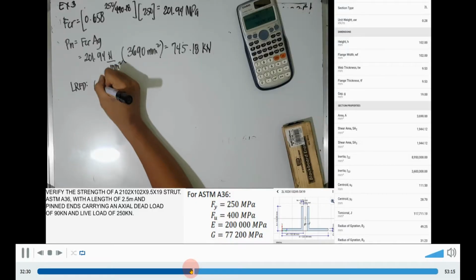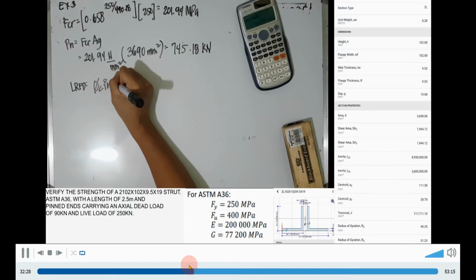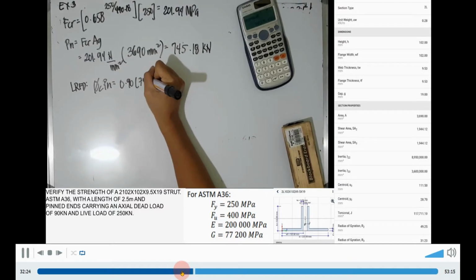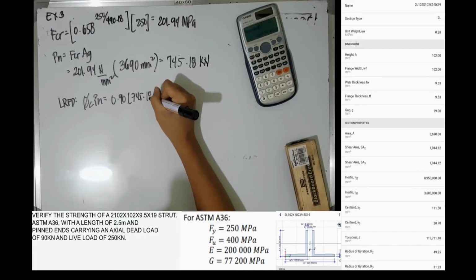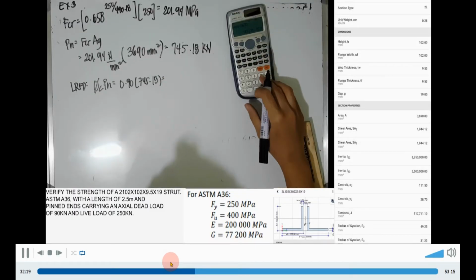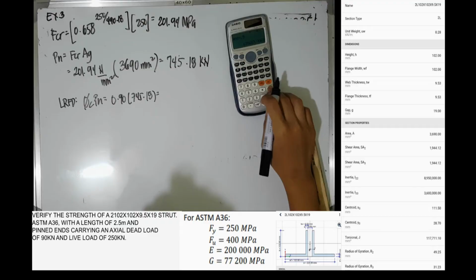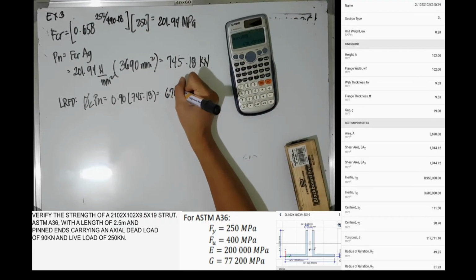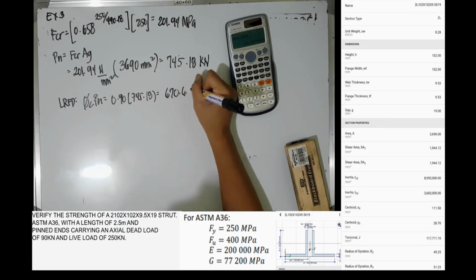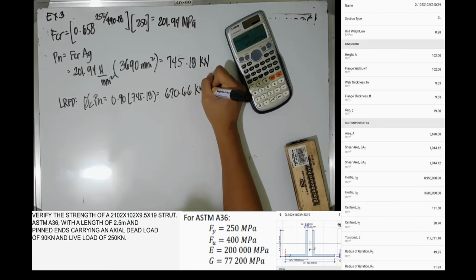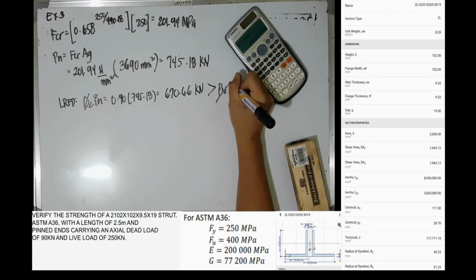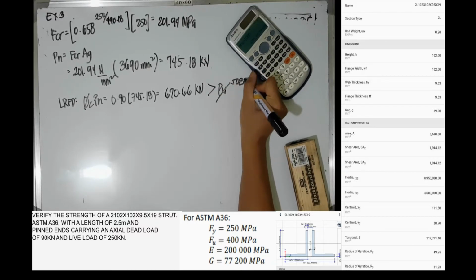Multiply lang natin to with 0.9. So it is equal to 670.66 kilonewton, and this is larger than our Pu, which is only 508 kilonewton. And okay siya.